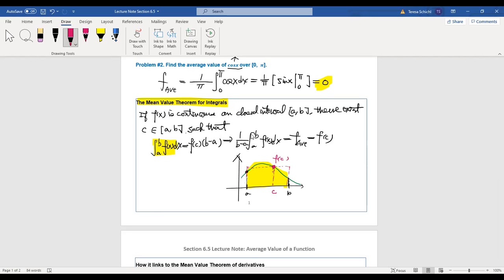Now, use the f of C and make a rectangle.